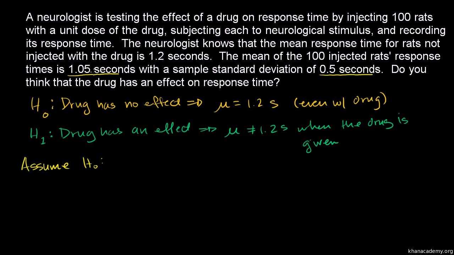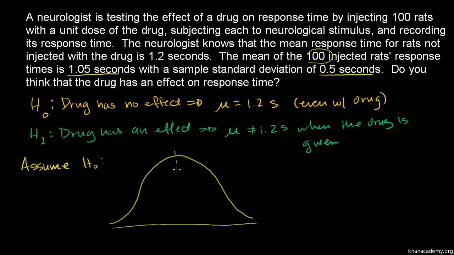So how likely of an event is that? To think about that, let's think about the sampling distribution if we assume the null hypothesis. It'll be a normal distribution. We have a good number of samples, 100 samples here. So this is the sampling distribution.